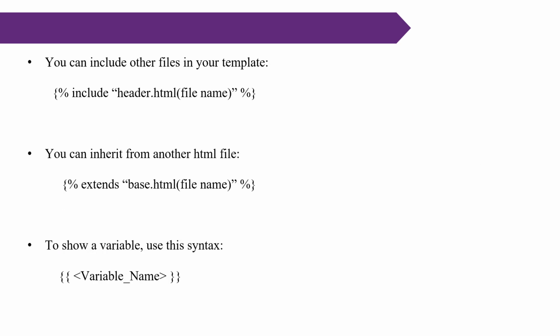Move to the next one. We can include other files in your template. That means a file is already created with some information. If you want to include that file in your template, the command is include.